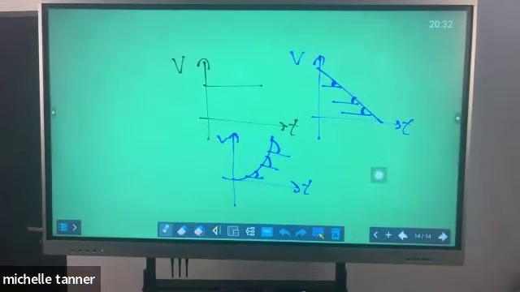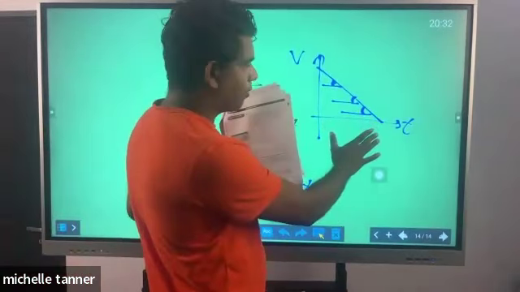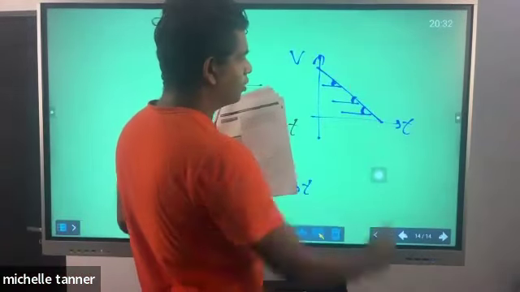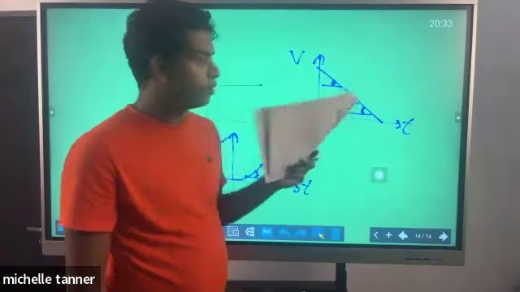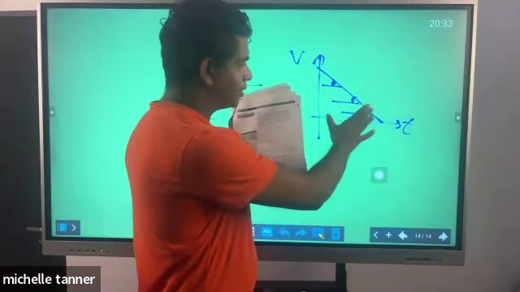Is it clear, Buddha? First describe this graph. It has a negative gradient. Therefore, negative acceleration.